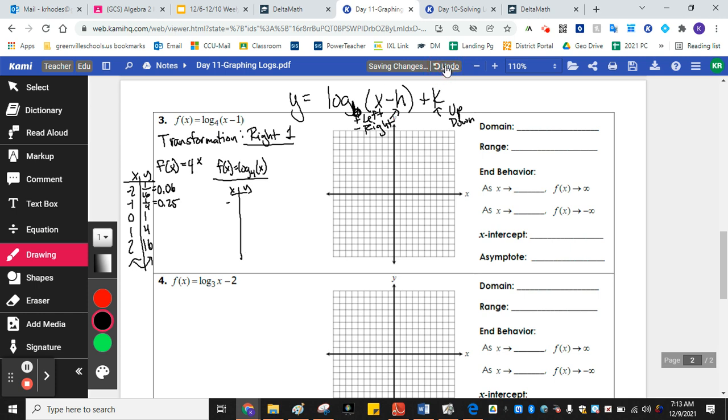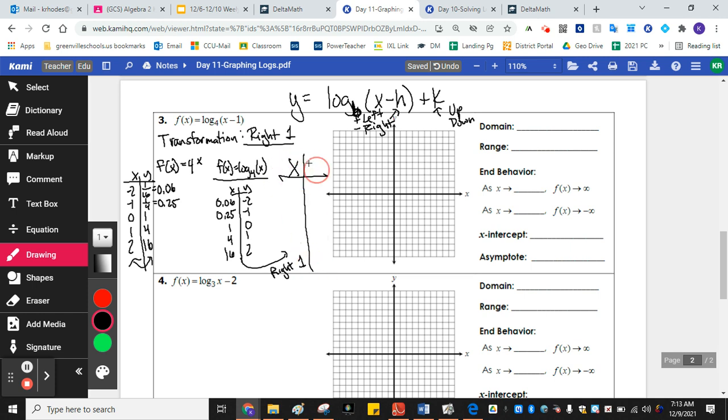And then I still have to move it right 1. So right affects the x's. If I go right 1, I add 1 to all my x's.